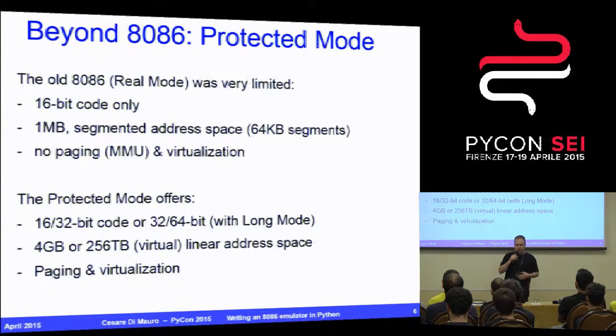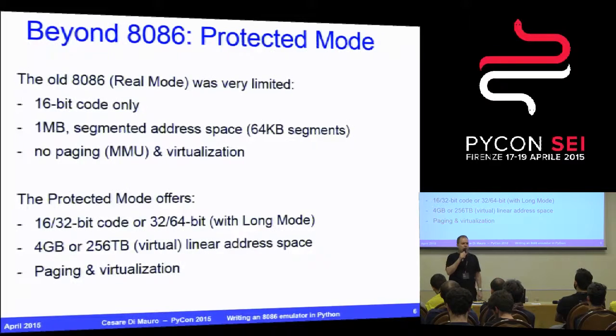So the basic x86 mode, which is called the real mode, is very limited. It's the old one, and you can only code with 16-bit code. You can access only 1 megabyte of memory, and there's no paging and other cool features which nowadays we have. So what you do next is trying to switch to the so-called protected mode.